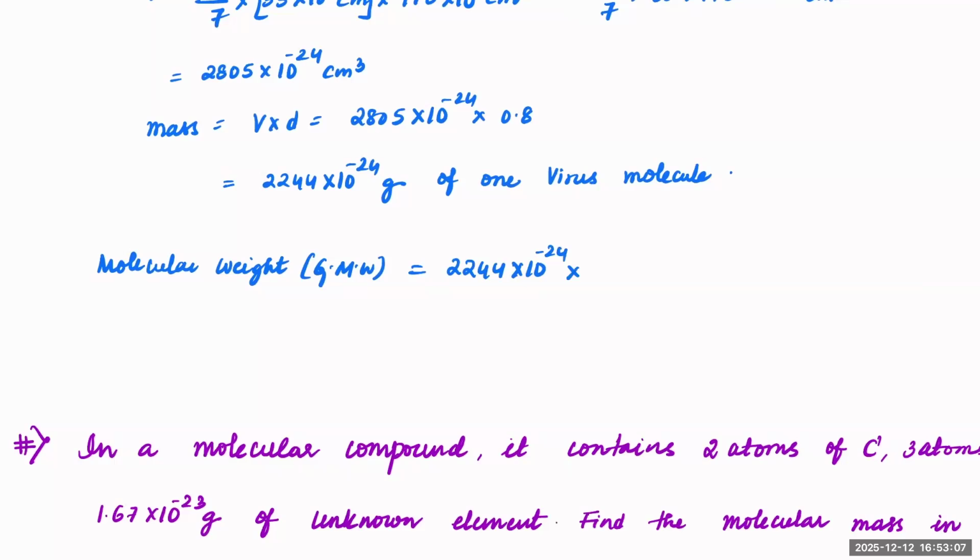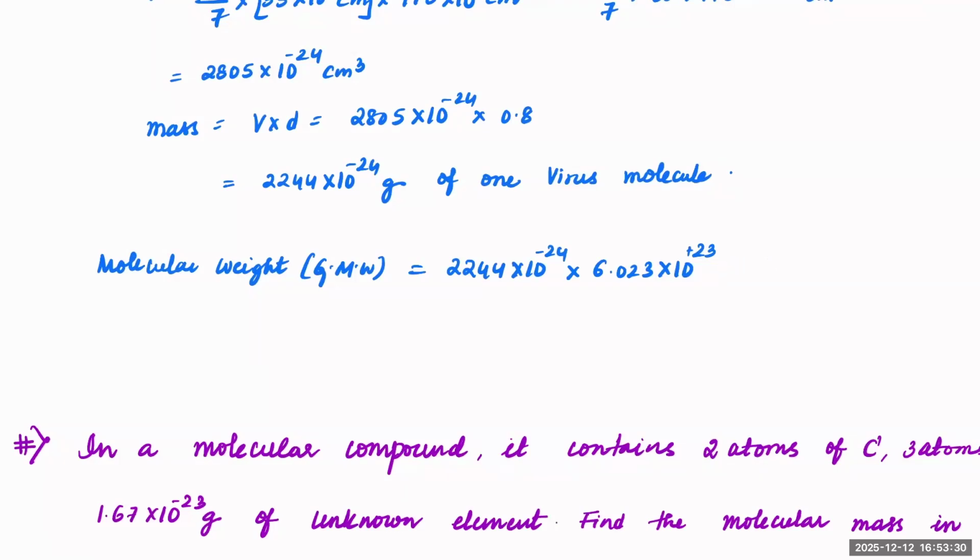That multiplied by Avogadro's number. So 6.023 into 10 raised to power of plus 23 grams. Here, gram per mole.